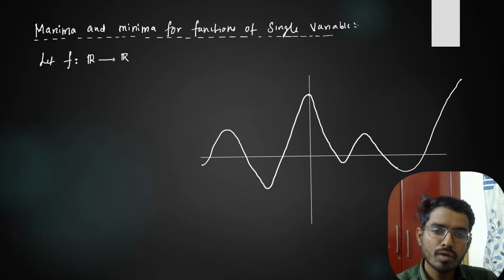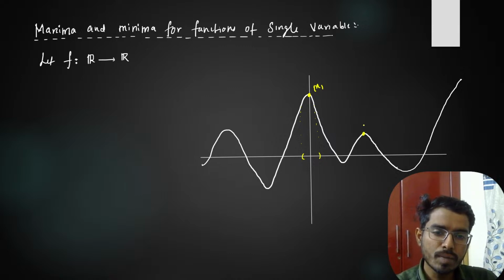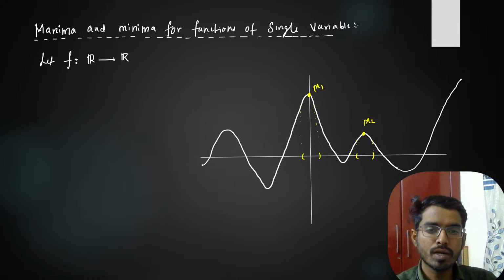When you consider this point, it is a maximum point in this interval. If you consider this interval, then capital M1 is our maximum value. When you consider this interval, this is also a maximum value.